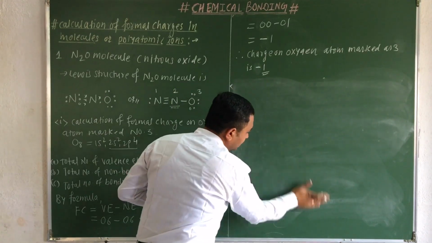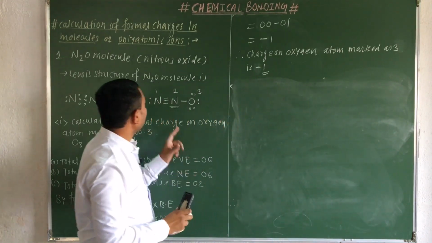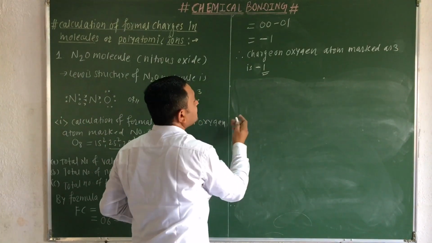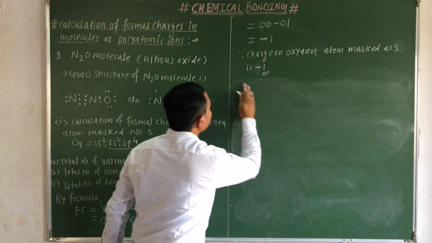Now after calculating the formal charge on each atom, we can represent the Lewis structure with the formal charge in such manner.